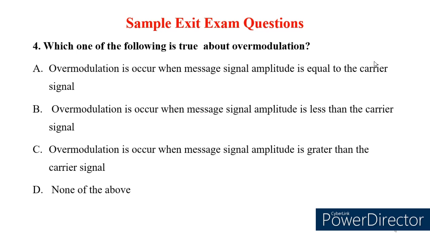Overmodulation occurs when the modulation index is greater than 1. That means it occurs when the amplitude of the message signal is greater than the amplitude of the carrier signal. So the answer is C.